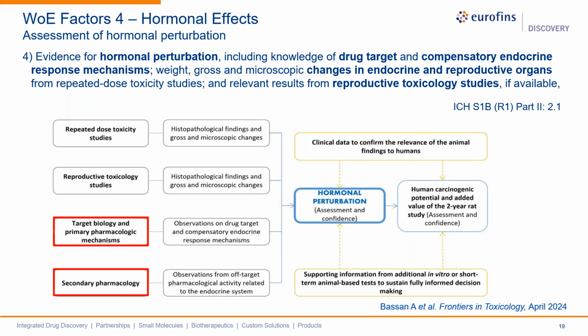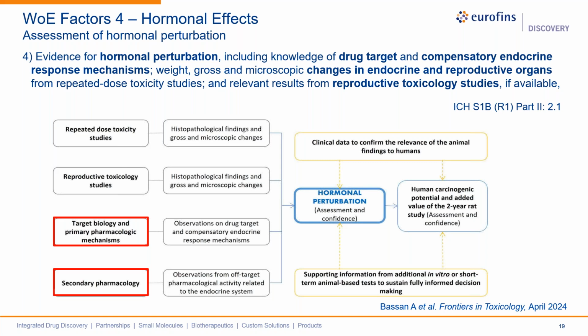Third, the compound's primary pharmacological mechanism. Understanding whether a drug directly interacts with a hormone pathway or receptors is crucial for predicting potential carcinogenic risk through endocrine disruption. And fourth, we assess secondary pharmacology data for off-target activities that might affect the endocrine system.